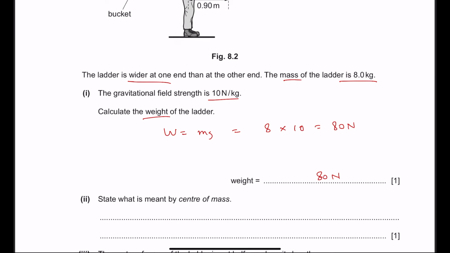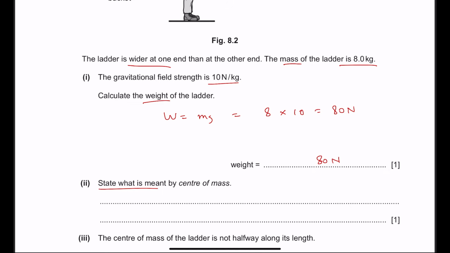Now the thing about center of mass is, when they ask a definition, what is the center of mass? It is the point from where the entire weight of the object seems to act. It's not actually acting from that point, but it behaves as if the entire mass is concentrated, or the entire weight is acting from that point.